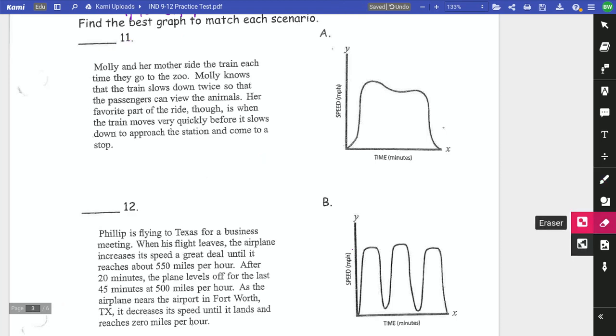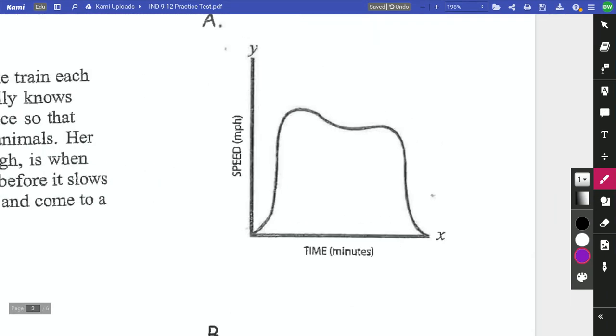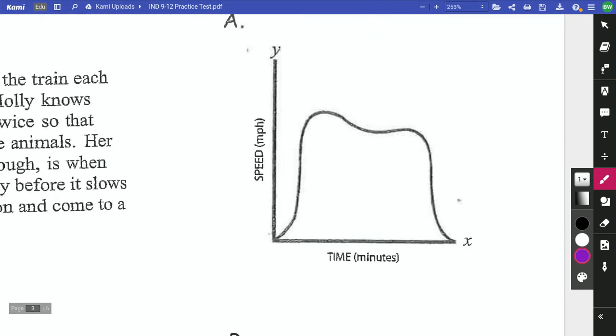The other one talks about the airplane increasing its speed a great deal, and then it slows down some. It even tells us 550 miles per hour and it slows down to about 500. So if we look at this top graph, that looks about right, correct? It speeds up to this speed here, and then it slows down and goes about this speed here, which is less on speed.